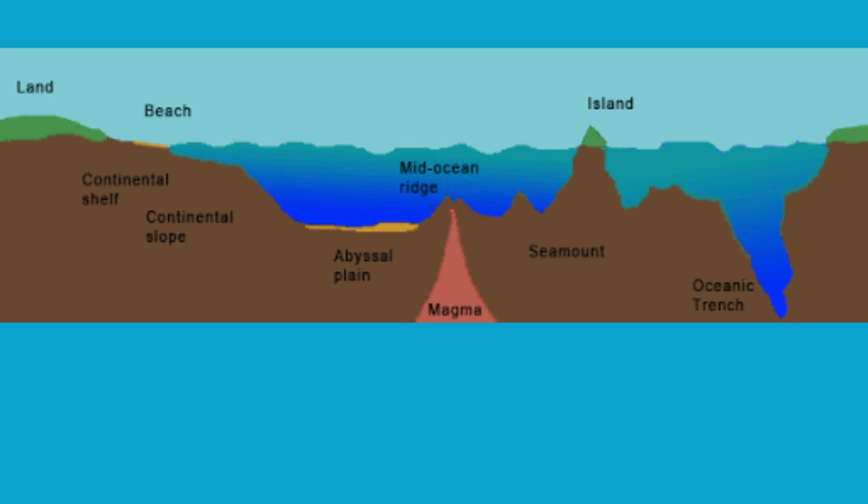We also have a mountain range, so not just an individual mountain like the seamount, but a mountain range in the middle of the ocean that's caused by volcanic activity. We call that the mid-ocean ridge. The deepest parts of the oceans are these areas right here that we call trenches. They're called ocean trenches, oceanic trenches, or just trenches. They're all the same.